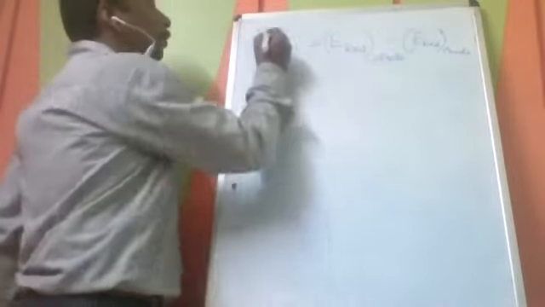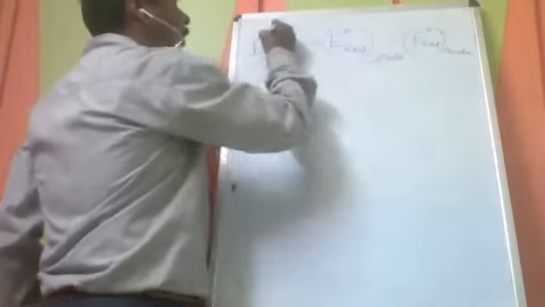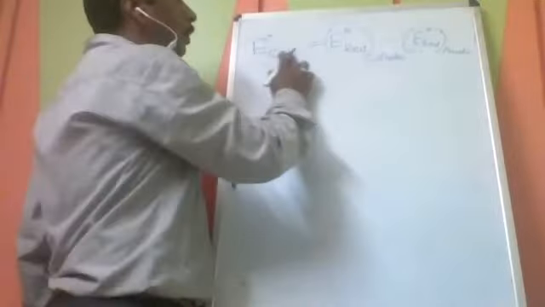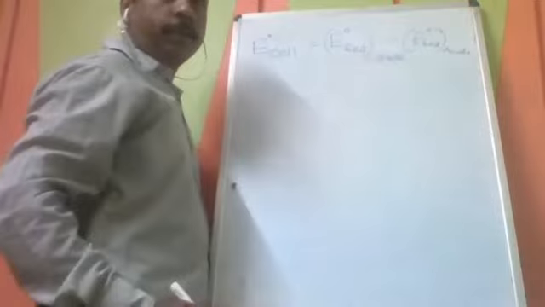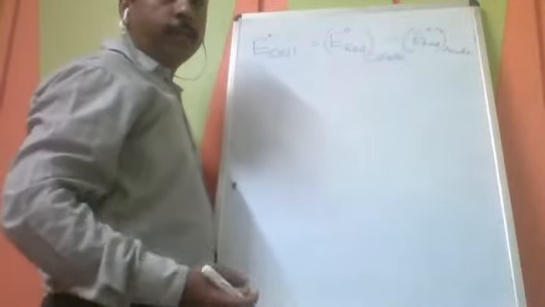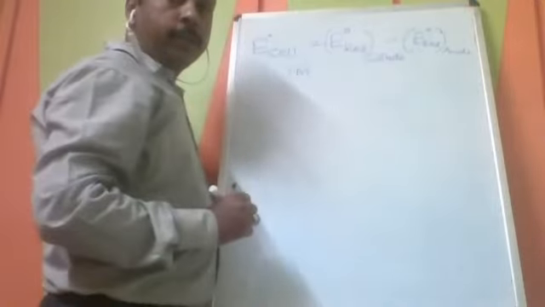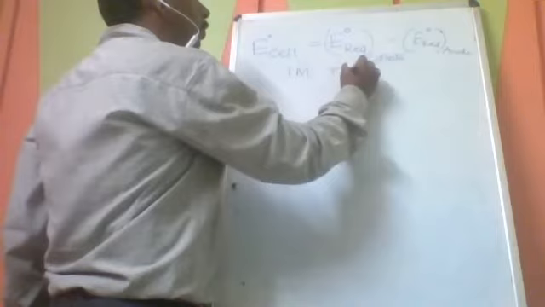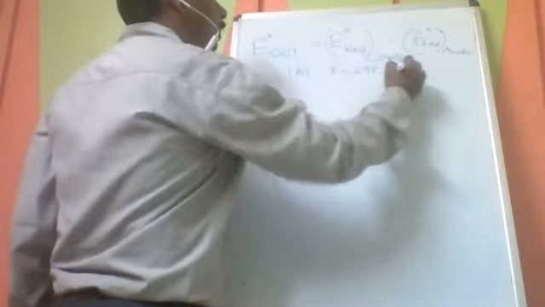If I am able to maintain standard conditions, then it will be E naught. E naught cell is equal to E naught reduction potential of cathode minus E naught reduction potential of anode. What are the standard conditions? Concentration of electrolyte should be 1 molarity, temperature should be 298 K, and pressure should be 1 atm if gaseous electrodes are there.